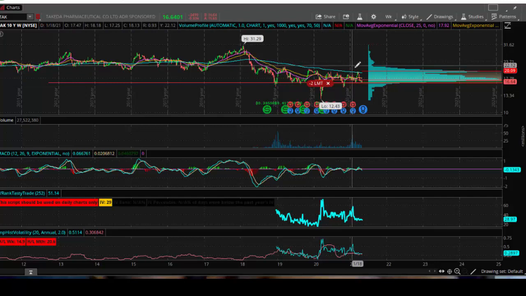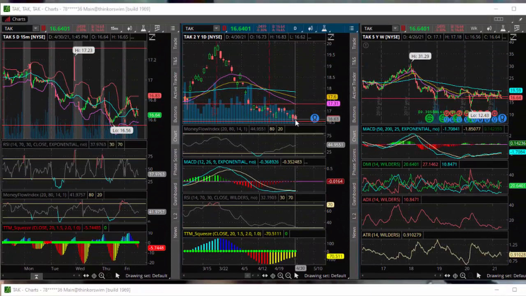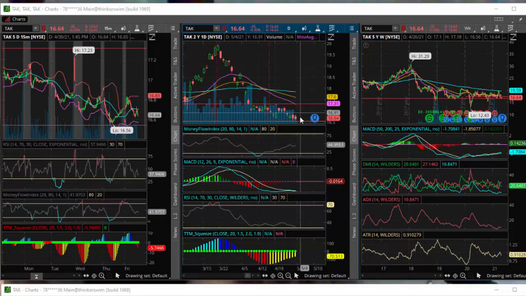Based on that, I have predetermined which strike I want to get in. Moving on to the daily chart, one of the lines is around $16. So let's say I decide to open a $16 strike.